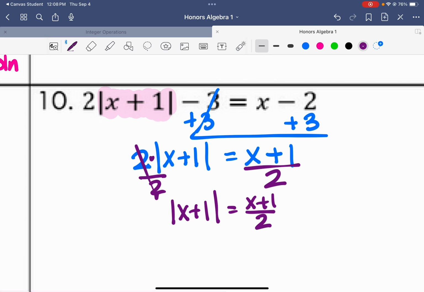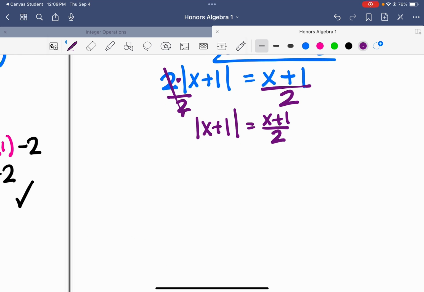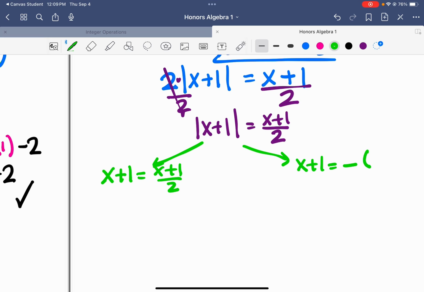This is what I would use to separate them out into their two parts. So inside the absolute values could be just positive, or inside the absolute values could be, and this is where you have to be careful, a negative x plus 1 in parentheses over 2. So there's going to be a distributive property here.